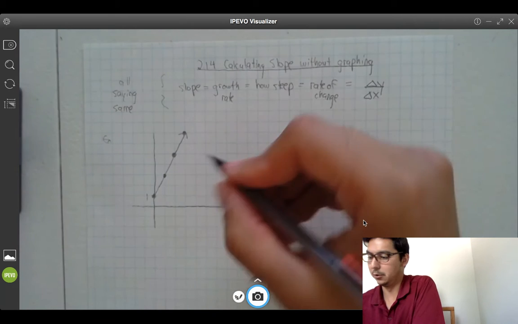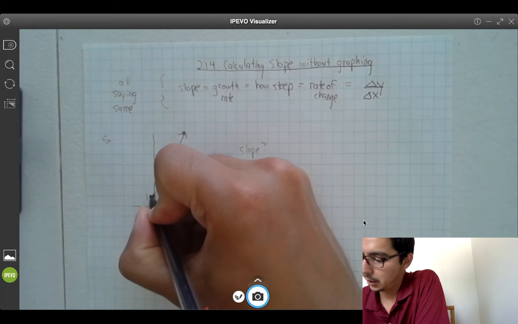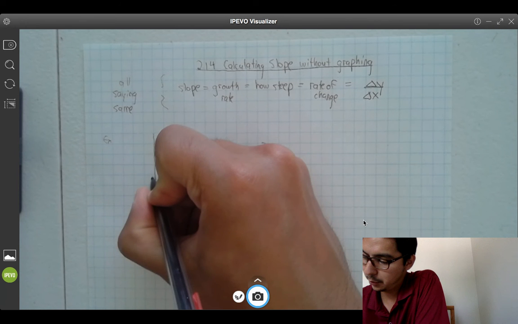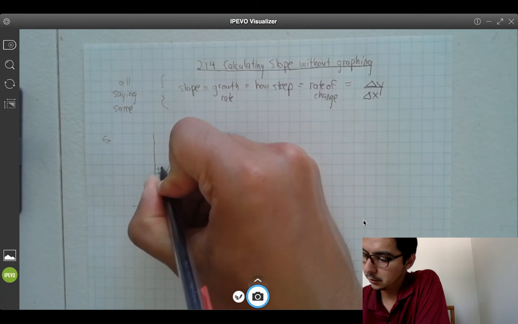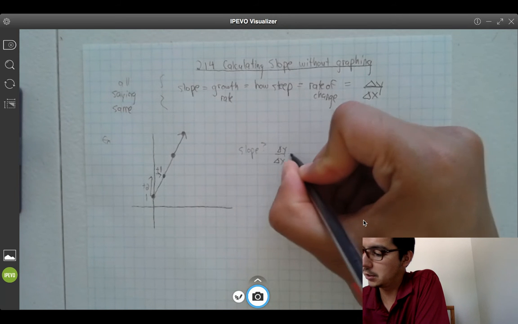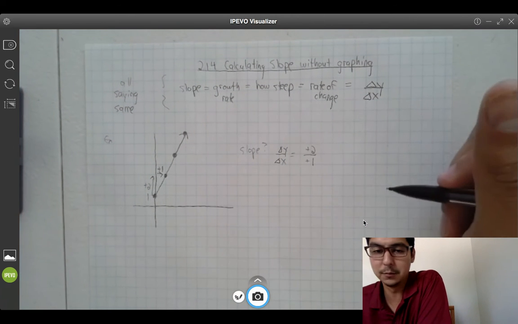And I asked you, what's the slope here? Well, you'd say, how steep is this line? Well, to get from here to here, it's going up 2, right 1. So then you'd say it's the change in y over the change in x, is it's going up 2, right 1, or 2 over 1.